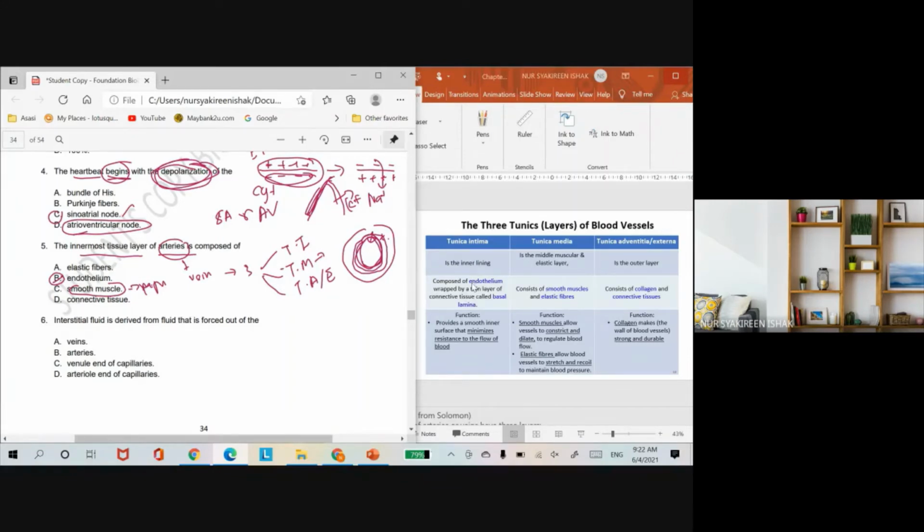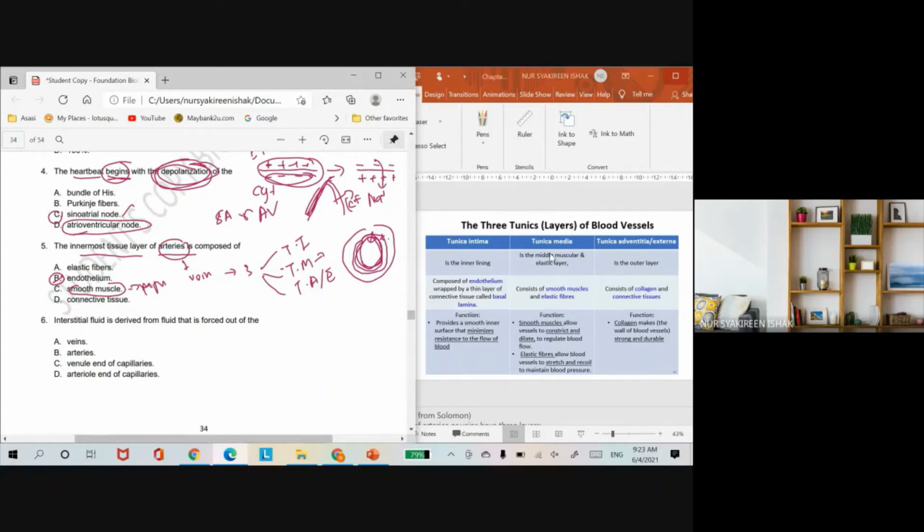They only have the tunica intima. But arteries and veins have 3 layers. As you can see, the tunica media is composed of smooth muscle and also elastic fibers. Why does it also consist of elastic fibers? Because arteries especially receive blood that flows with high velocity and high blood pressure.